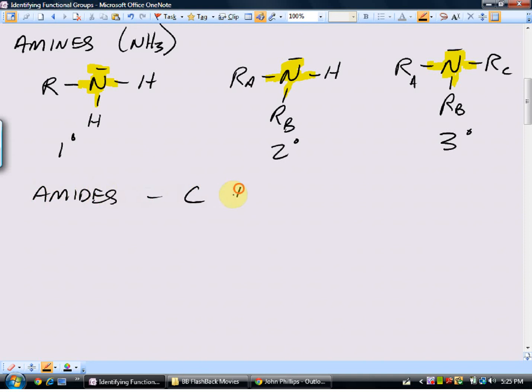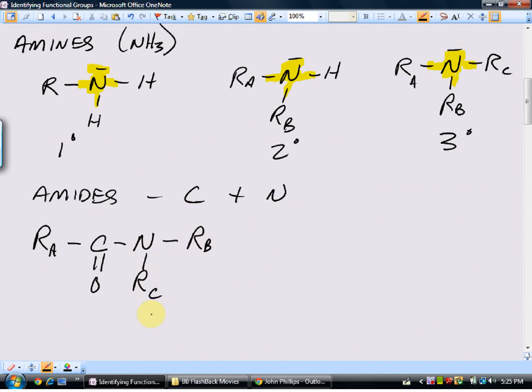They have carbon and nitrogen, and they combine this feature, the carbon-oxygen double bond, with the nitrogen. And again, it's what's connected at these locations that distinguish. So we could call this R sub A, we could call this R sub B, we could call this R sub C, okay?